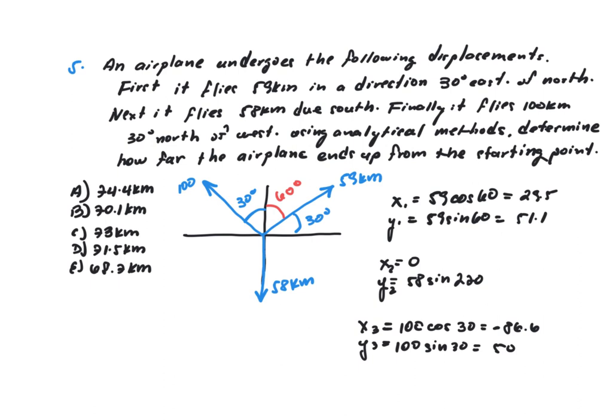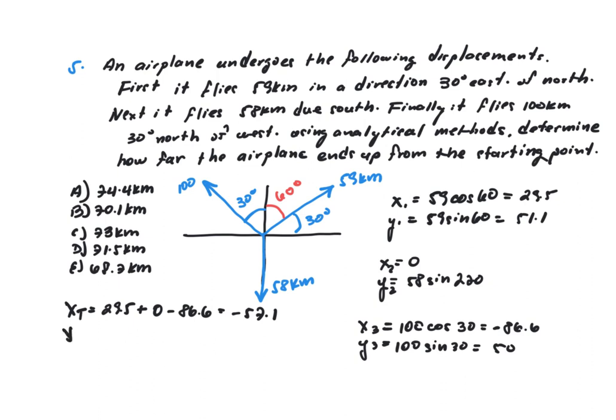Now let me write it out over here. Now let's get our x total. We get 29.5 plus 0 minus 86.6. That comes out to negative 57.1.